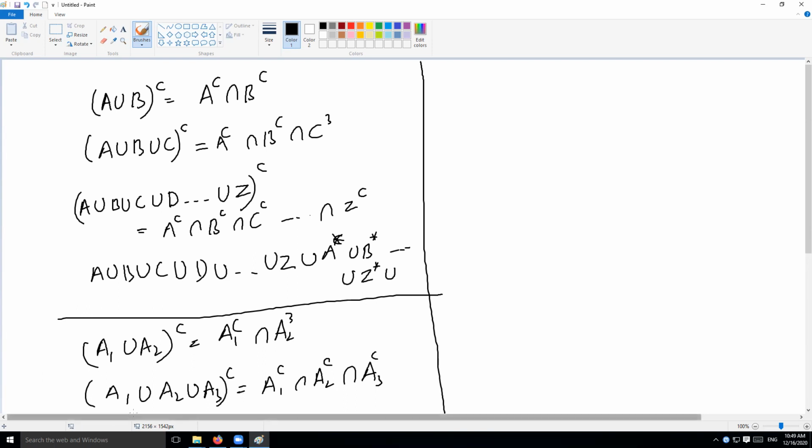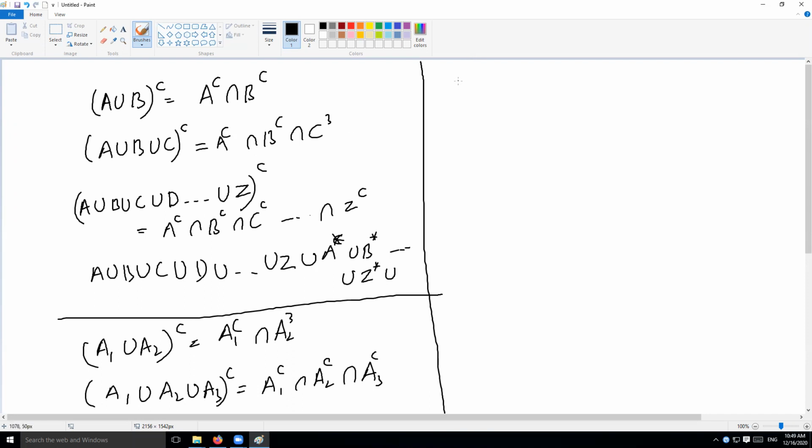You can have as many numbers as you like. So you don't have to give the stars and primes and double stars or double primes or whatever. So indexing would be a good idea. You agree with me? Yes, sir.